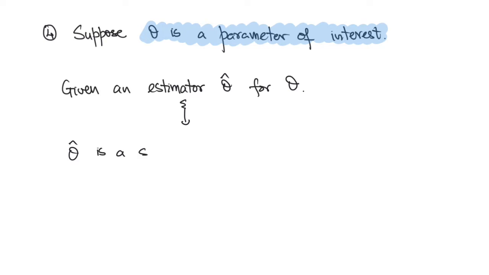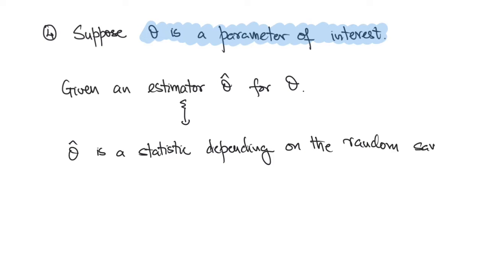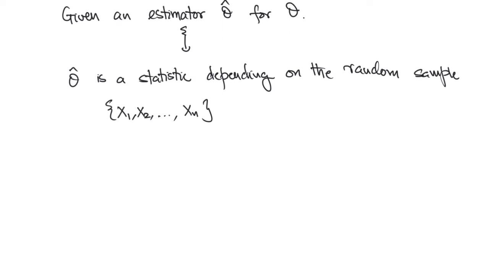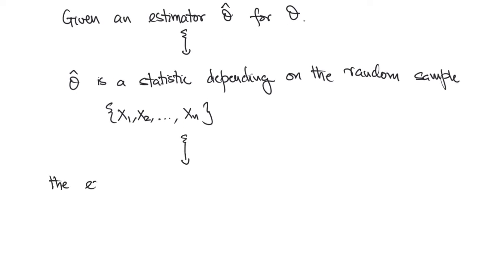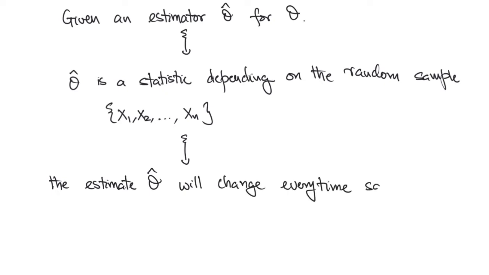Then recall that theta hat is a statistic which depends on the random sample x1, x2 up through xn. And the estimate theta hat, now when evaluated on sample data, will change every time our sample data changes.